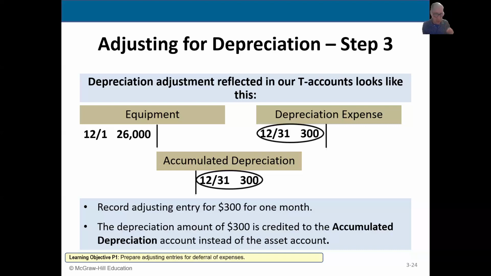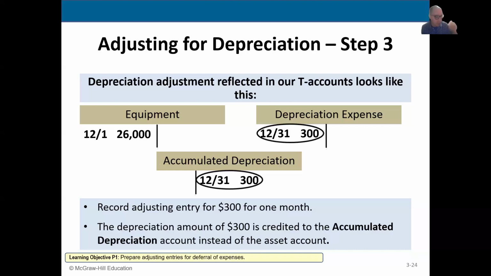This is the only account that you'll ever see on a balance sheet that is an asset with a negative amount. What that means is it contradicts, right? That's why it's called a contra account. It contradicts the equipment balance.